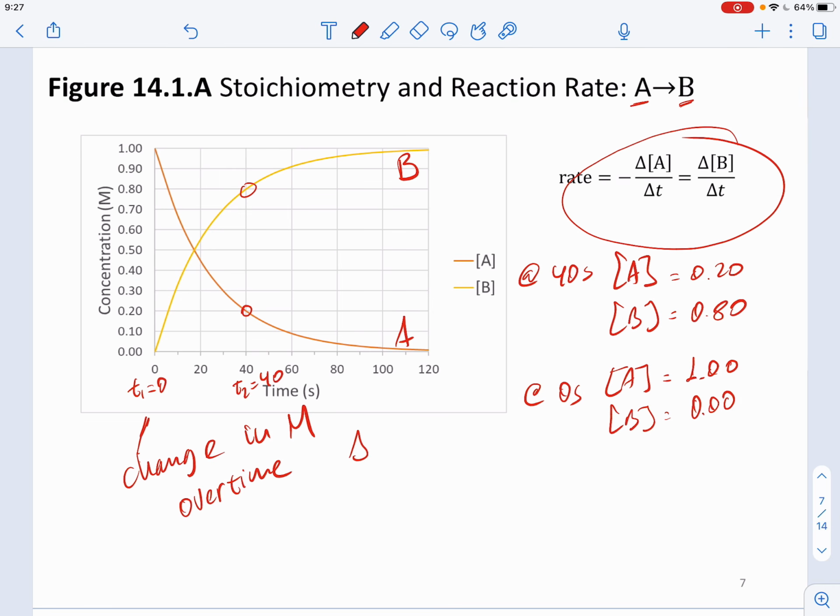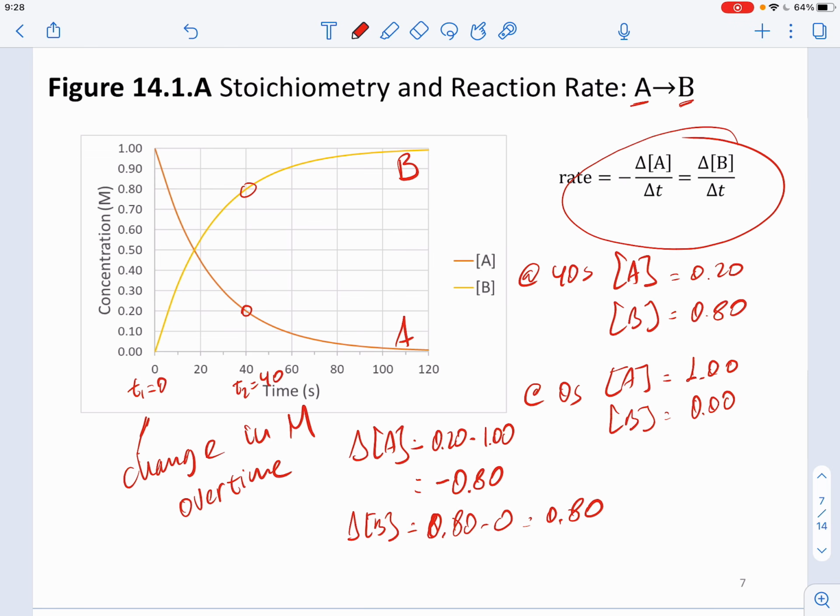So what is delta A? Delta A is your final concentration, 0.20, minus your initial, that would be 1, and this is equal 0.2 minus 1, this is minus 0.80, and the change in concentration for B is equal 0.80 minus 0 equals 0.80.